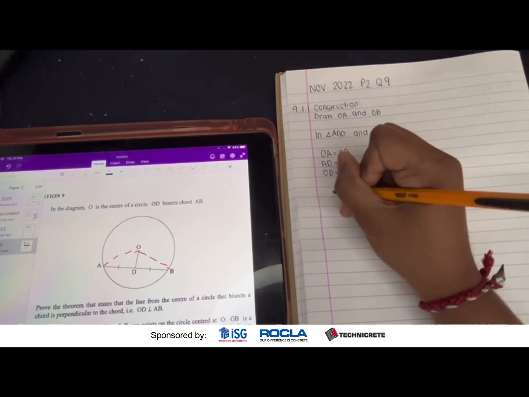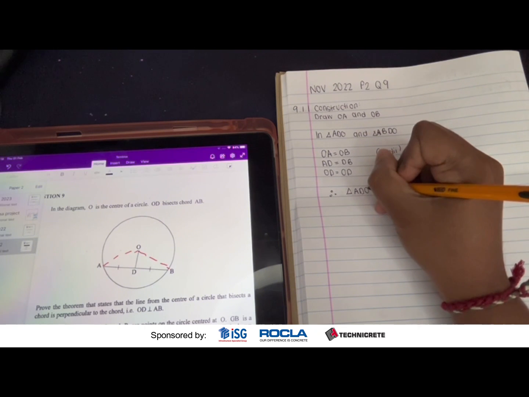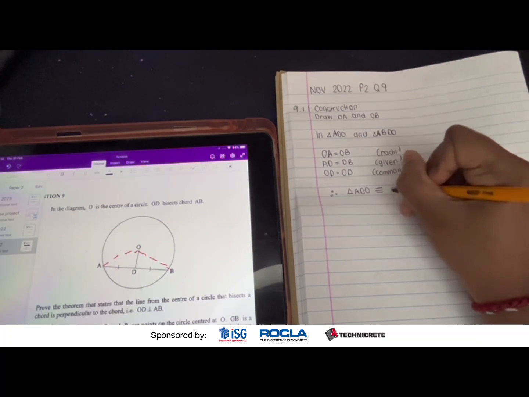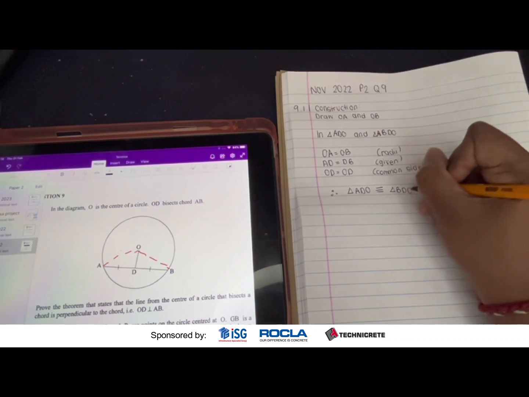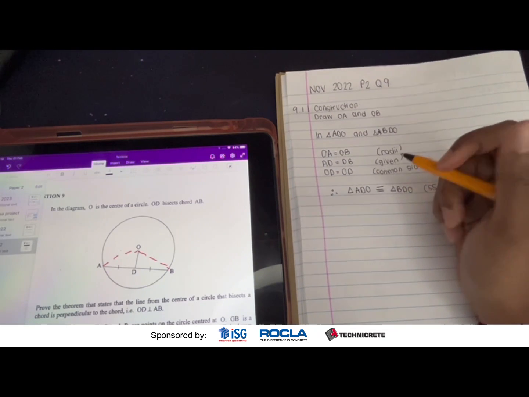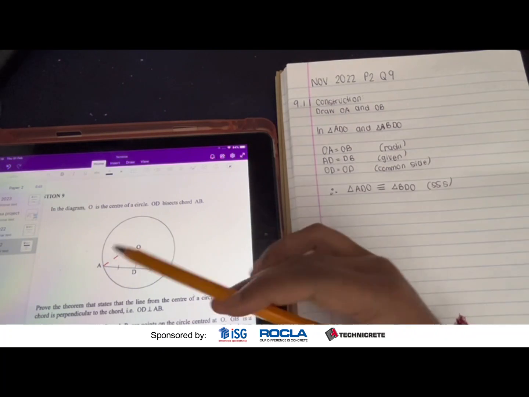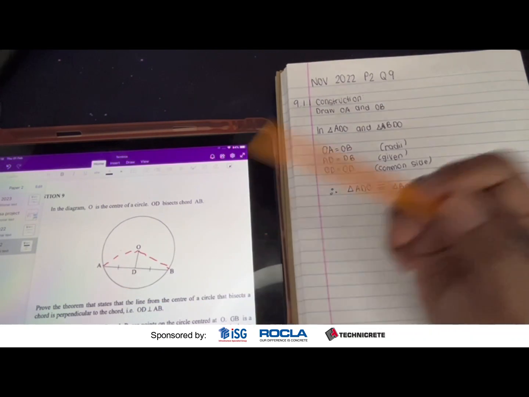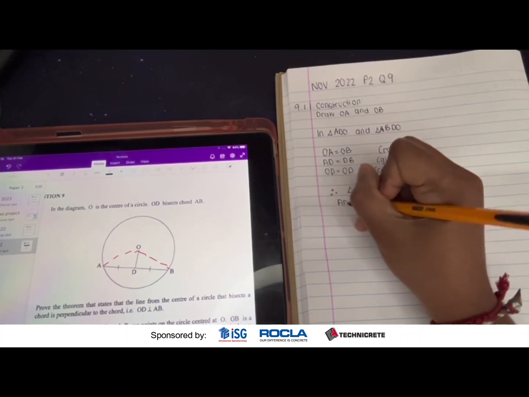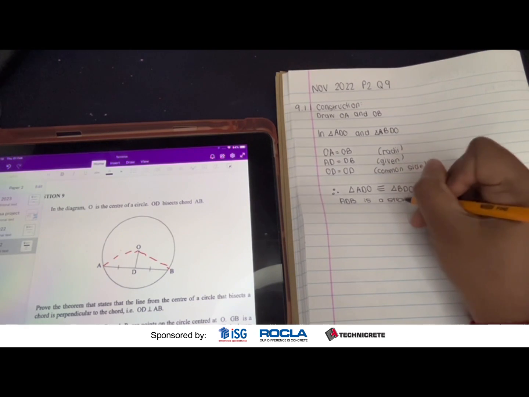So now we can say, therefore, triangle ADO is congruent to triangle BDO, and our reasoning is side, side, side. And ADB is a straight line, they told us. So ADB is a straight line, that's shown.